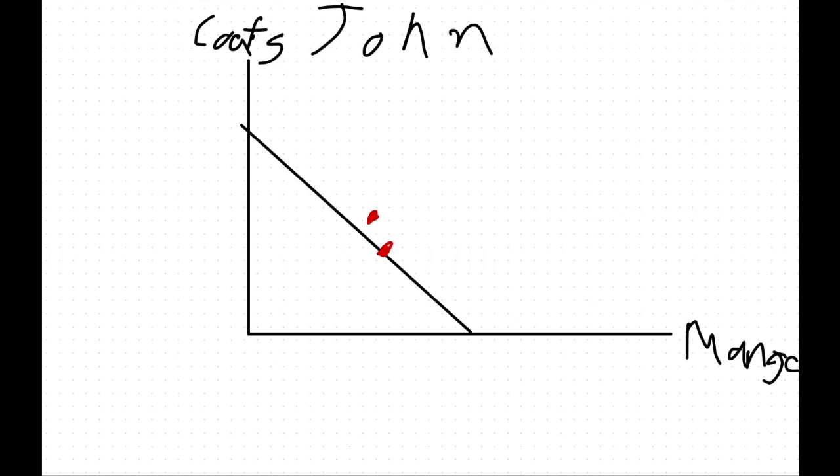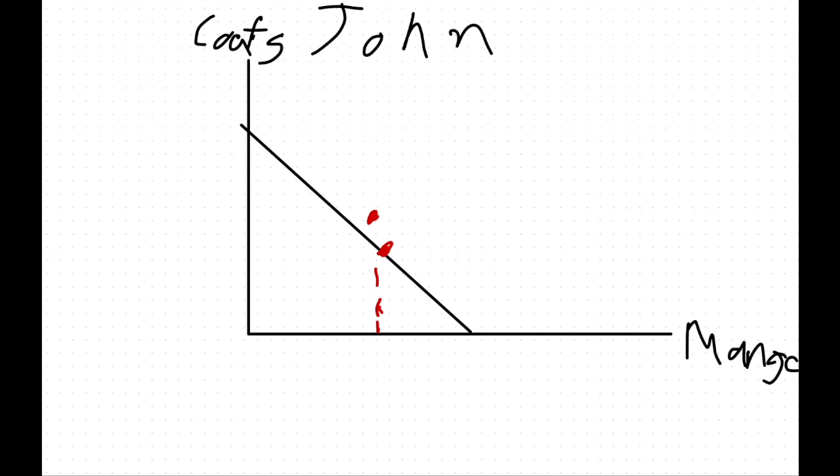So then we can ask John, what are all of the sets of goods that you would prefer to this current set that you have? This is the current set of goods, right? Yes, that is an infeasible point that I've highlighted. That is a point that he would prefer, but it's not possible.